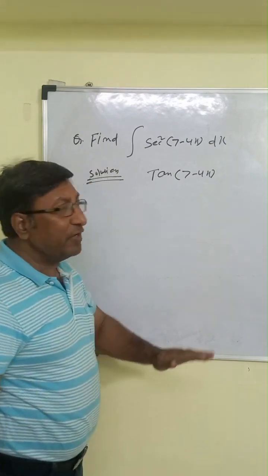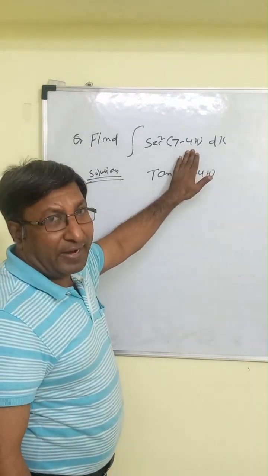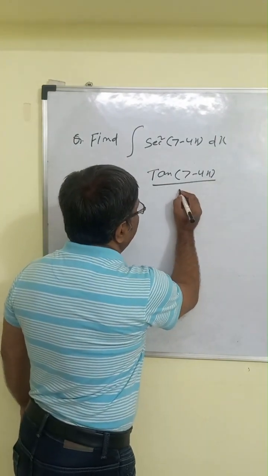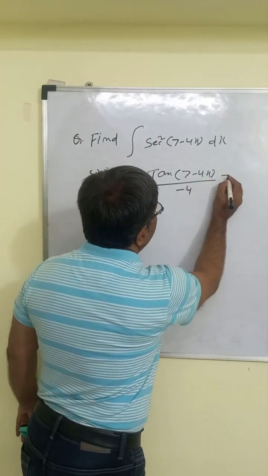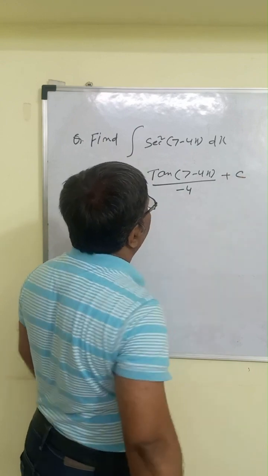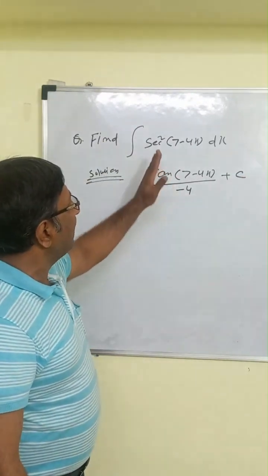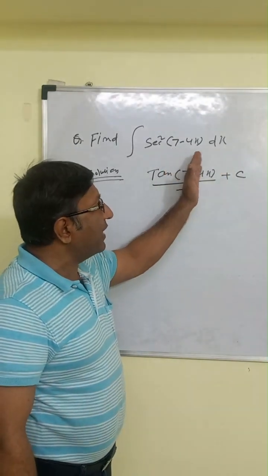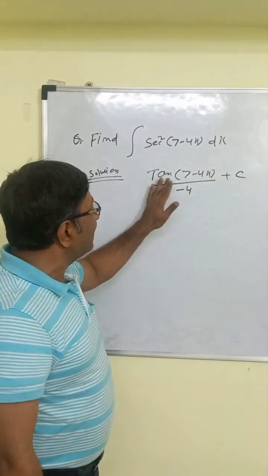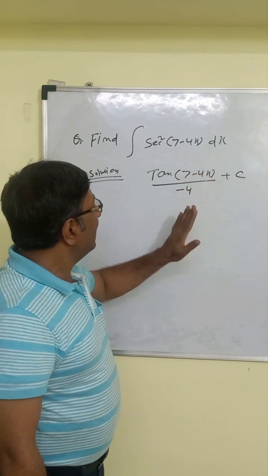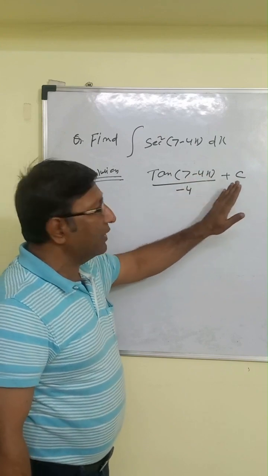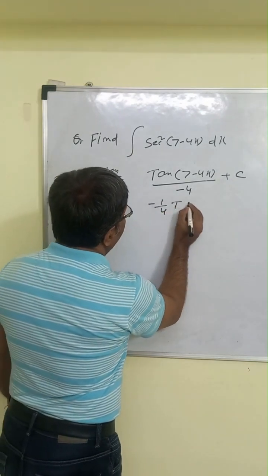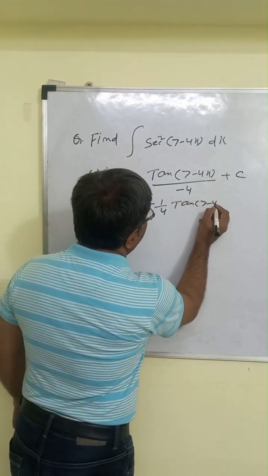But here the coefficient of x is minus 4, so just divide by the coefficient of x, that is minus 4, and plus c, the constant of integration. So the integration of sec square of 7 minus 4x dx is tan of 7 minus 4x upon minus 4 plus c. So you can write minus 1 by 4 tan of 7 minus 4x plus c.